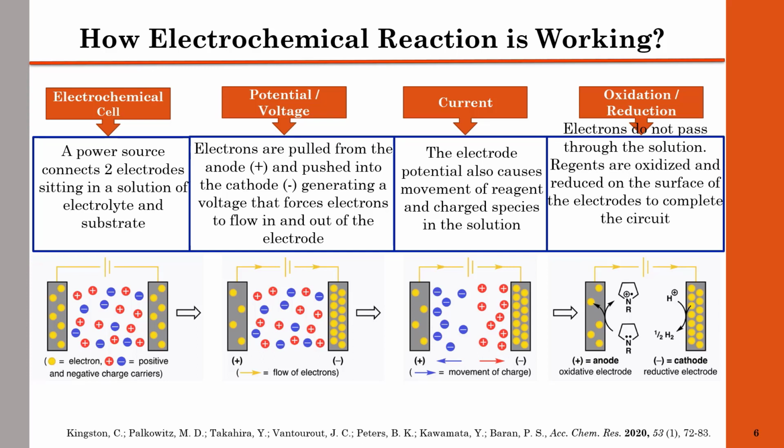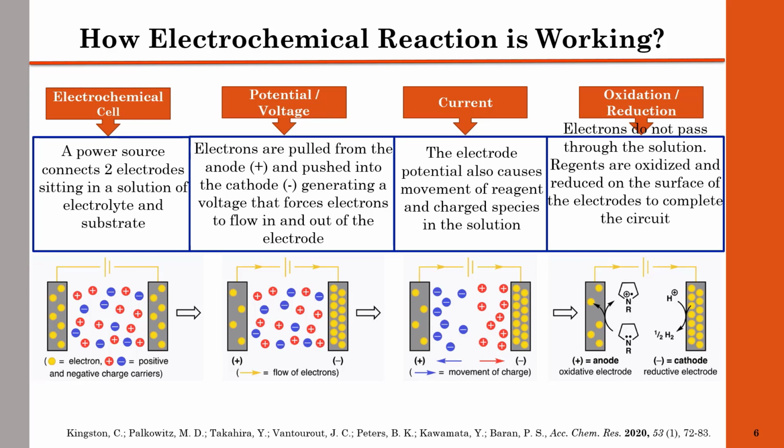The reactant donates an electron into the anode. This process we call oxidation, and simultaneously the cathode donates an electron into our reactant or catalyst. This process we call reduction.